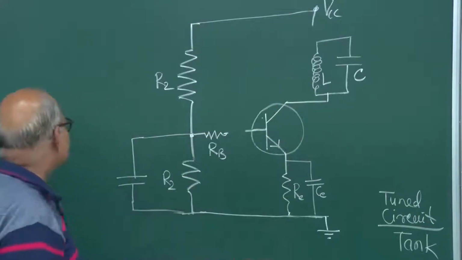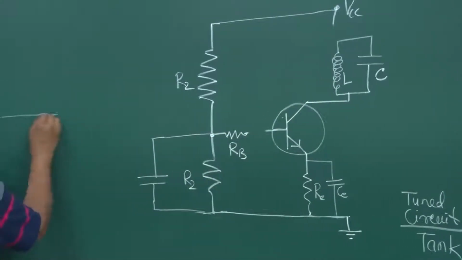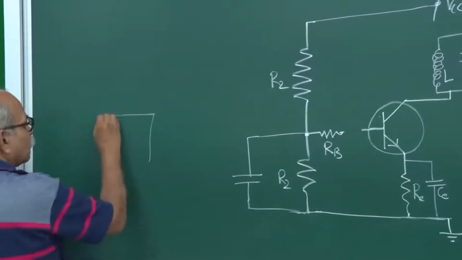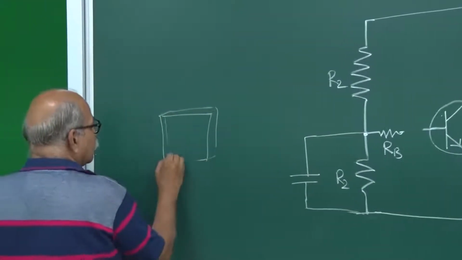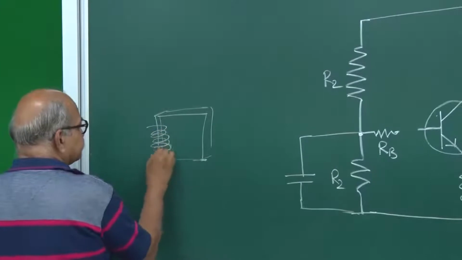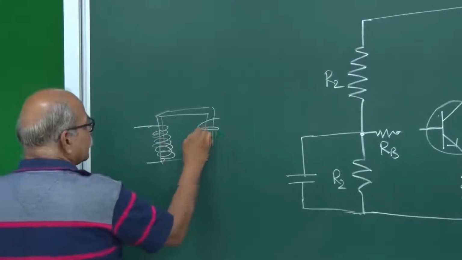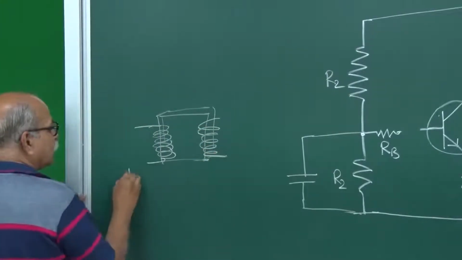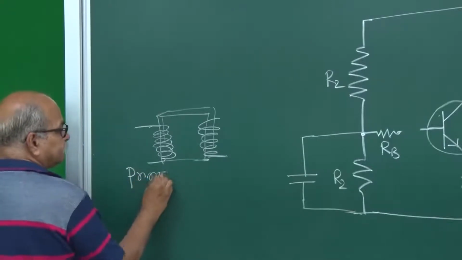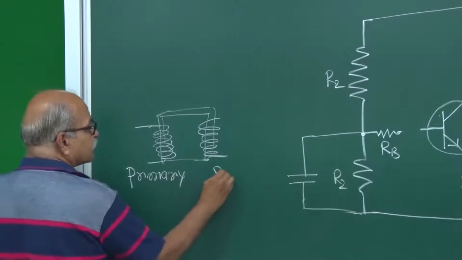So remember transformer, you have a core, and on that core the windings are there, two windings are there, one is called primary and one is called secondary.